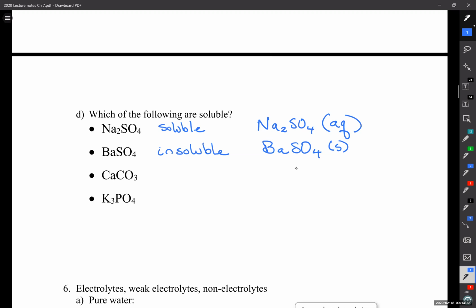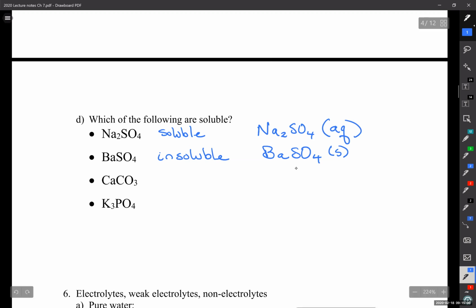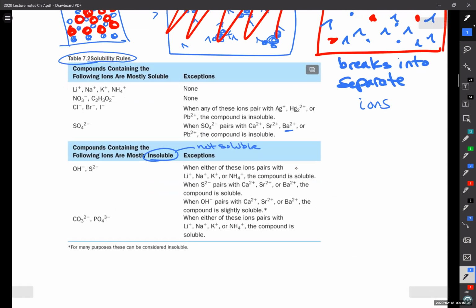Okay? Calcium carbonate. So calcium, right. This is the mostly soluble. This is the mostly insoluble. So if you have a carbonate, then they're generally not soluble, and the exceptions are soluble. I'll put a little note here. It means these are soluble.